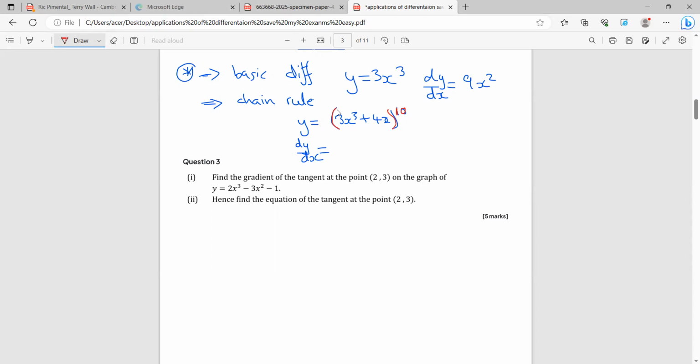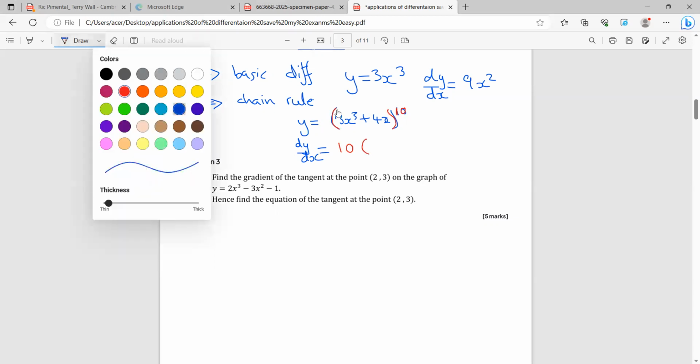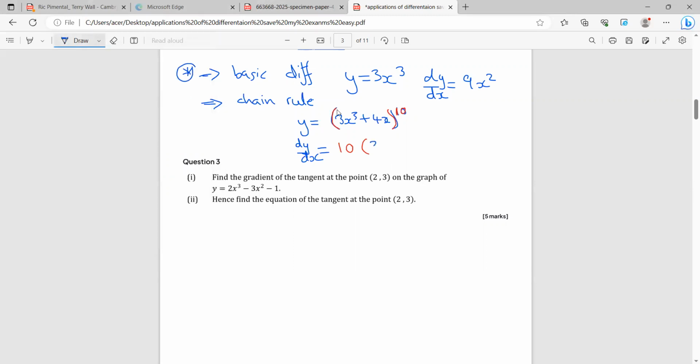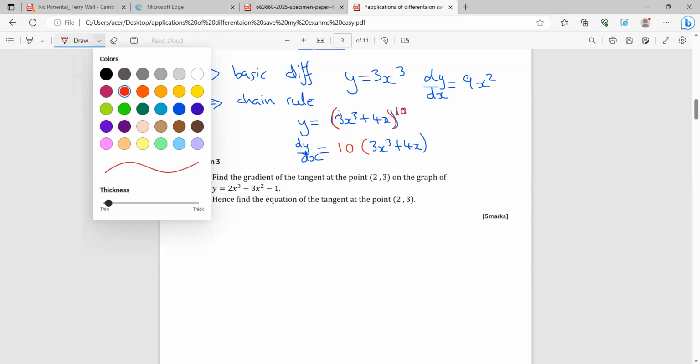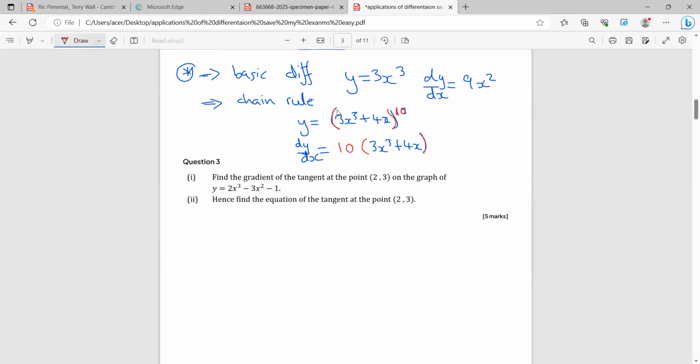If we do that, we're simply going to get 10, open bracket, we keep our inner function intact, so that's 3x cubed plus 4x. And then for our outer function, we decrease the power. We're going to get 9.